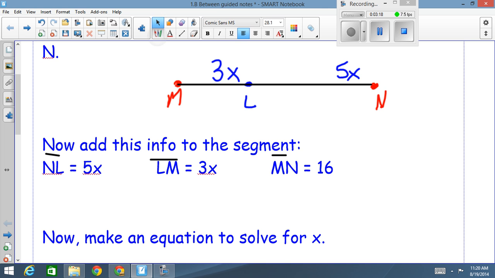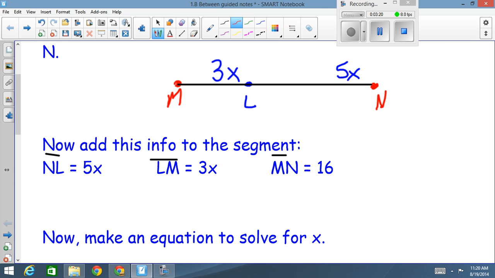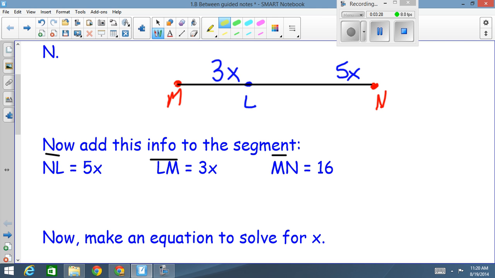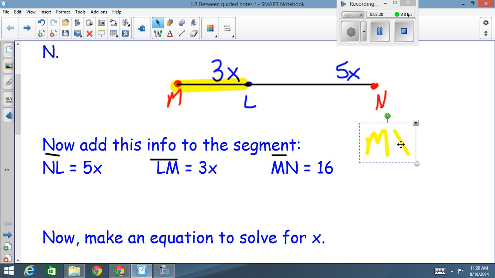A generic equation that I could make regardless of what the values were, and this is something that comes sort of difficult for students to understand, is this. If I'm going to take this segment here, that is segment ML. Whoops, why did it not let me do that? Oh, that's my highlighter doing that for me so graciously. ML.